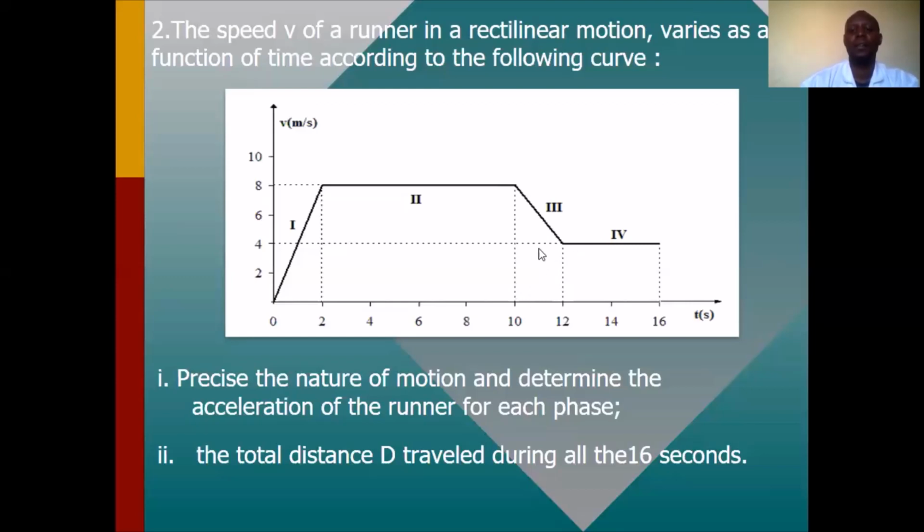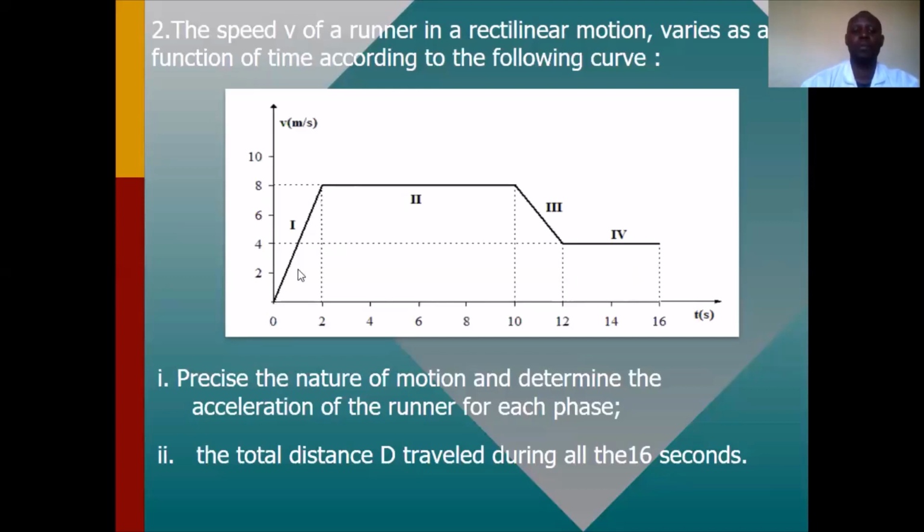For the last phase, we also have a rectangle. The area of the rectangle is the base, or the width, 16 minus 12, multiplied by the length, which is 4 minus 0. Whereas for the acceleration, you are going to calculate the slope.